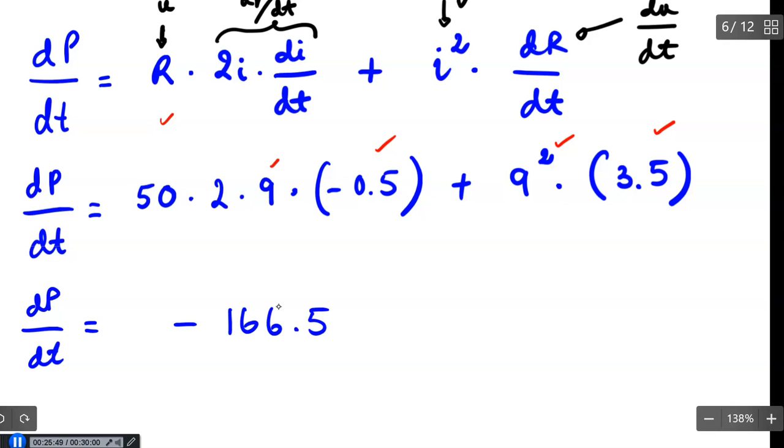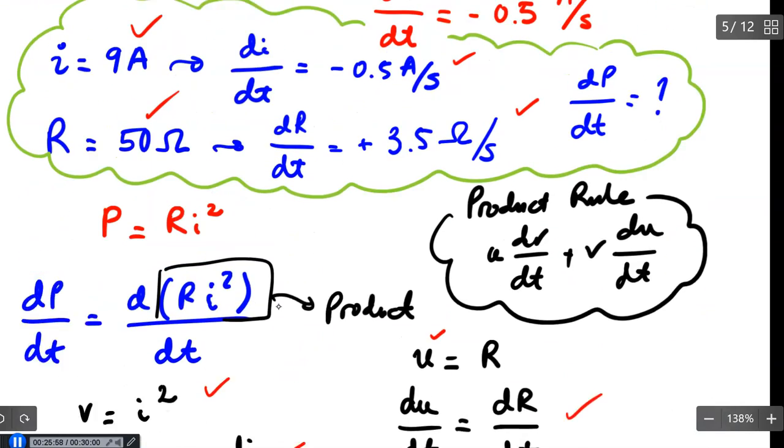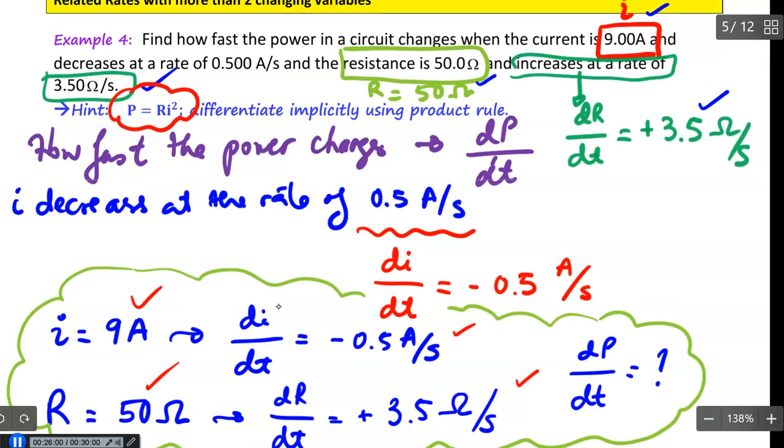So working with this, I am having this equal to negative 166.5. What is the unit for power? Which is watt. And then the unit here should be in seconds, because up here they are giving me the amperes in terms of seconds, and also the ohms in terms of seconds as well.